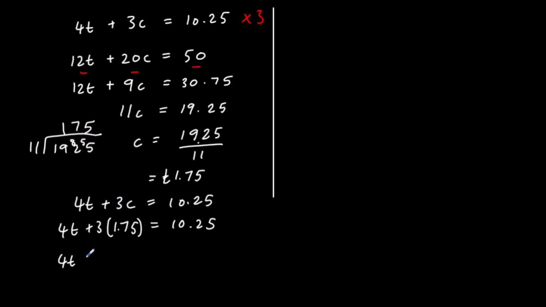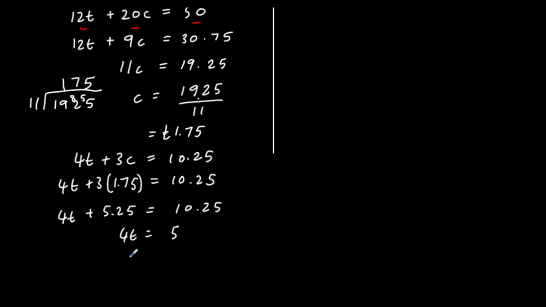So 4 teas plus £5.25 equals £10.25. Take £5.25 away from both sides. So 4 teas are £5. So divide both sides by 4. So we've got £1.25.